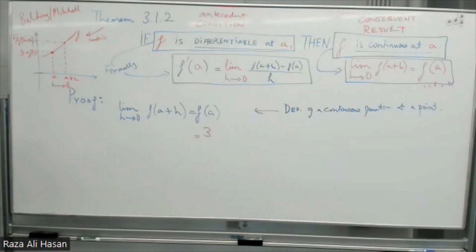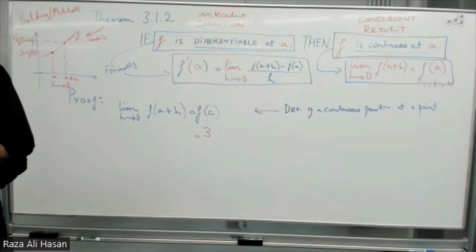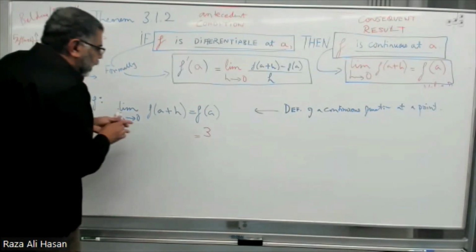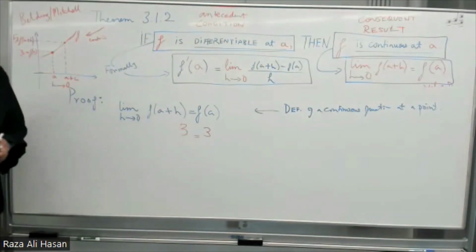And then what is the limit of this function f at A? That would be 3 again, yeah? 3 again. And we are done.